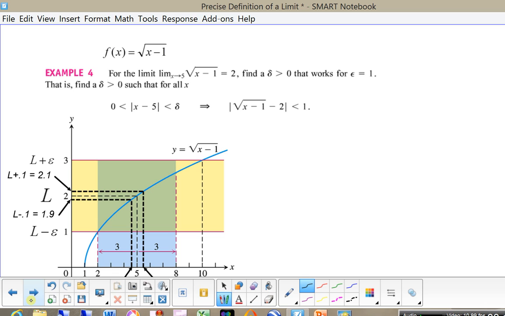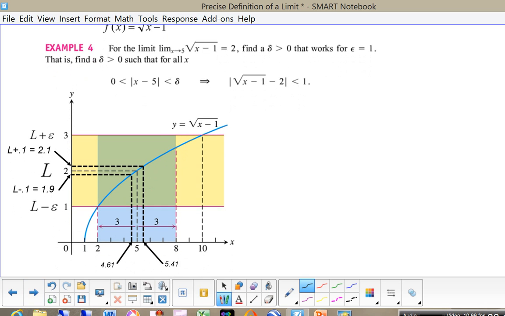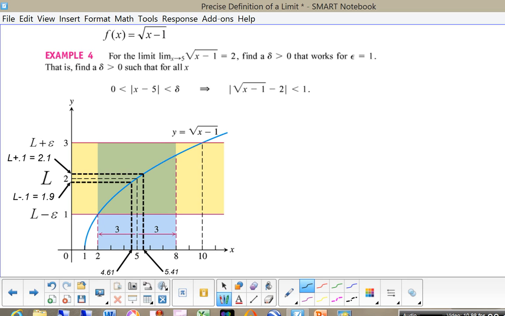Now, if someone wanted to pick, say, not an epsilon of 1, but an epsilon of 0.1, we can then go in here and squeeze in on the epsilon, and L plus epsilon will be 2 plus 0.1, or 2.1.